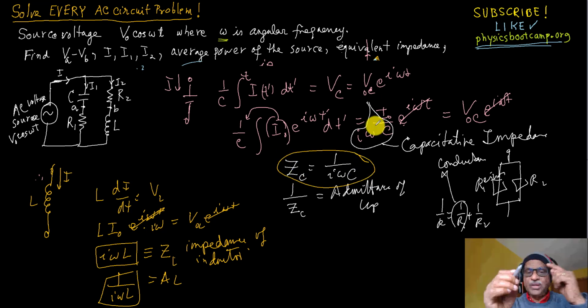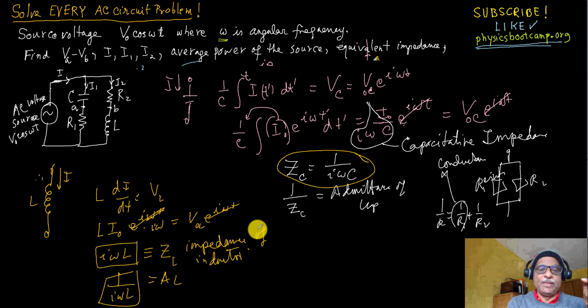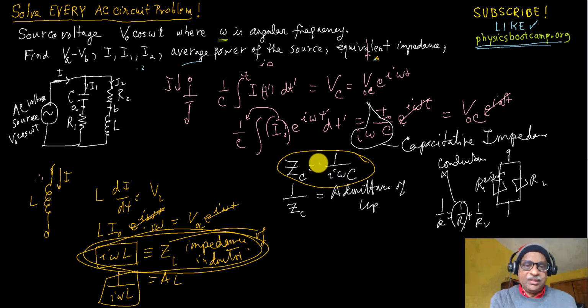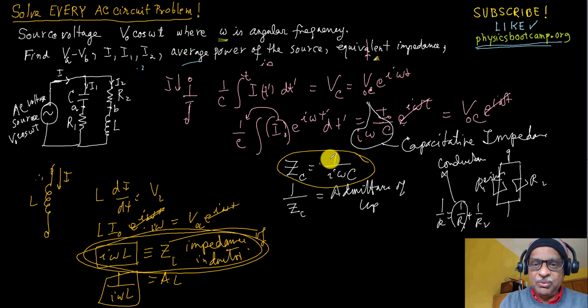For a large frequency, this resistance will dominate. At a smaller frequency, this one will dominate. And so you can actually simplify the circuit depending on the frequency and the values of the C's, even before you start to muscle through the circuit. Okay, but we're just going to muscle through the circuit.